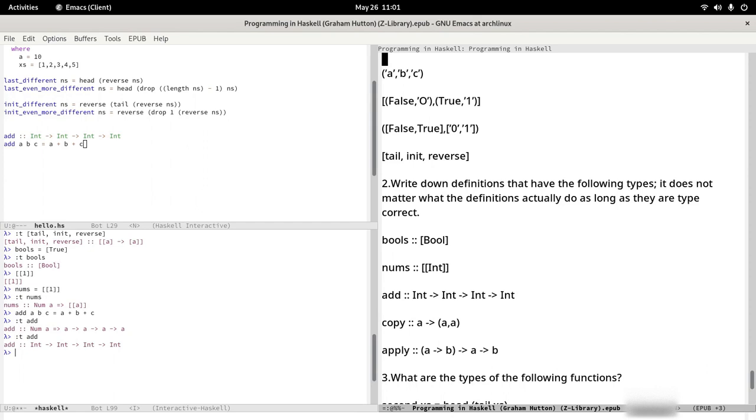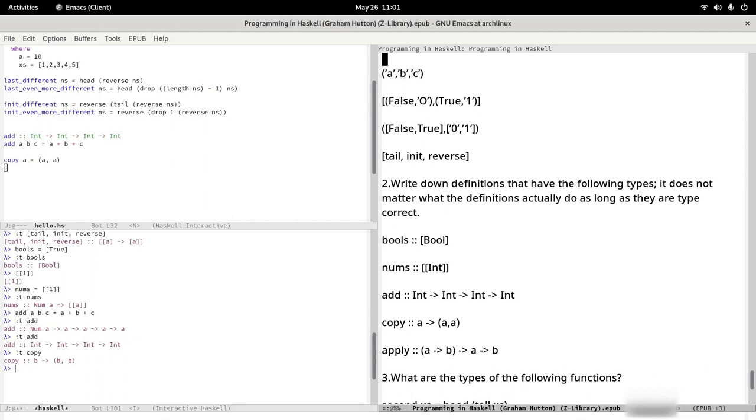Copy goes from A to a pair of A's. Okay, so copy A is equal to A, A. Yeah, it automatically gave it a B though instead of A, but I think it's fine.